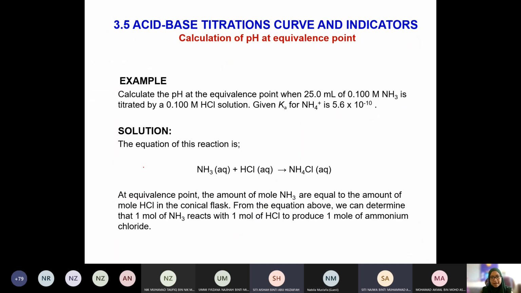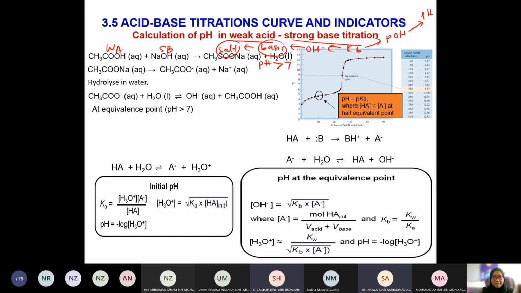So there are two parts that will normally be asked in the exam. Initial pH is not a problem, you just need to know what is in the flask. Okay, is it strong base or weak acid? If strong base is in the flask, you have to calculate the pH the strong base way. It fully dissociates, so it's different. If weak acid is in the flask, that means you have to calculate the pH the weak acid way, which is using the formula.